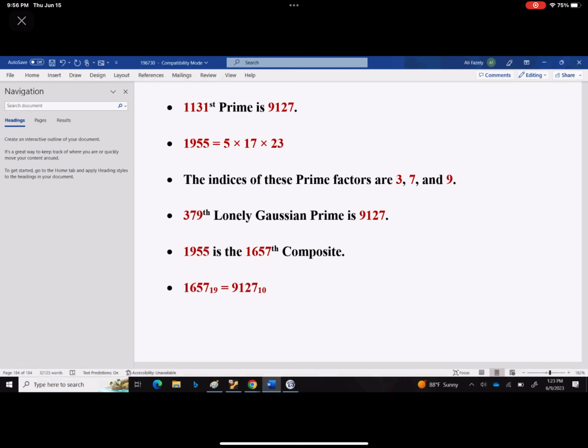If the sum of the digits equals a prime number, in this case 19 is a prime, then that number is called an additive prime in number theory. So 1657 happens to be the 139th such prime, and 139 is actually the number of letters in the first surah that we recited today, Al-Fatiha.